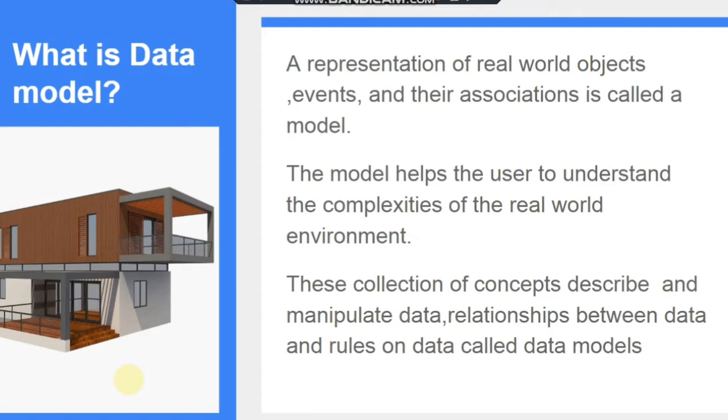That is why a data model is a representation of real world objects, events and their association, called a model. So that is the general definition of a data model. Let's move on and see the data model in DBMS.